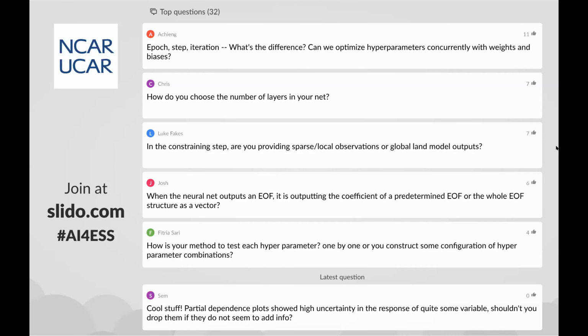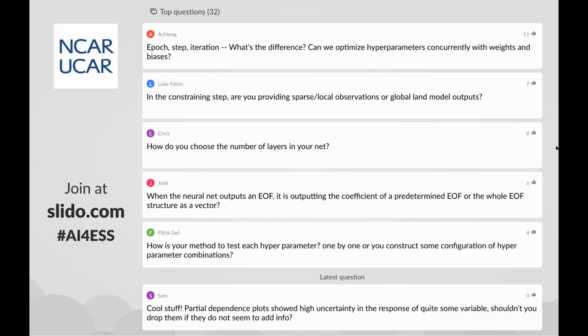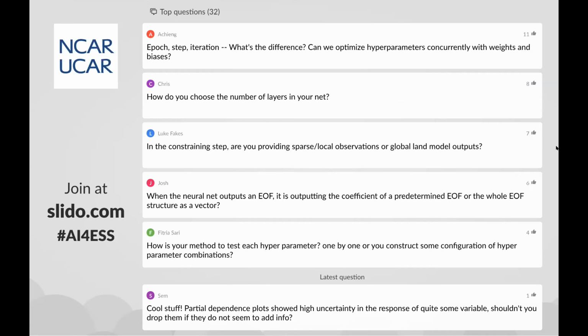Perhaps others can speak more to this, but I think that would be great if we can make this process more automated and more streamlined. In terms of the first part of the question, I was probably using those terms interchangeably, but in general, an epoch is defined as a step in the training process where you're actually passing through all of the data and then updating your network weights and biases based on the back propagation.